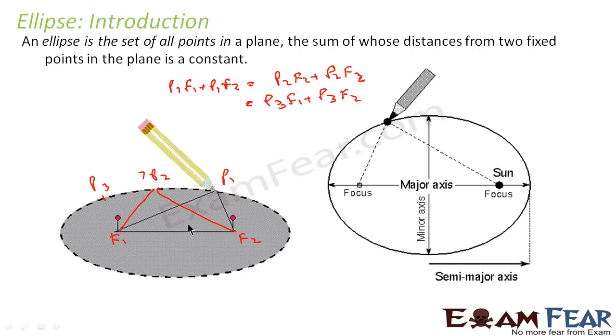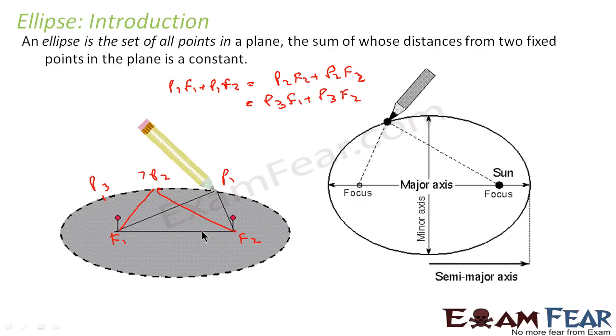To draw this, you can just take two nails here, put a thread and take a pencil. You move this pencil in this direction, you will get an ellipse. Why? This distance is always constant. So this plus this distance is constant because we have taken one thread which is tied.